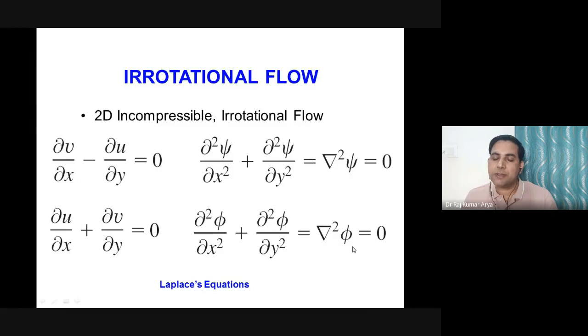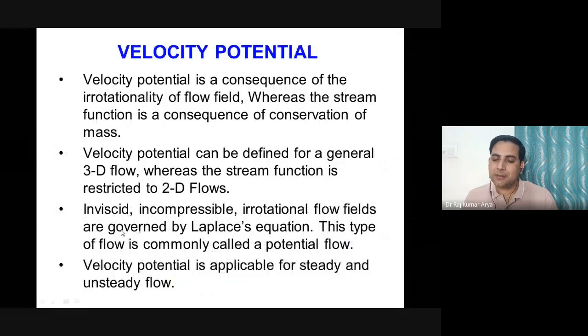These two equations are called Laplace equations. So finally your irrotational flow must satisfy these, and then it is called potential flow. If your flow satisfies the Laplace equation, it means that it is potential flow.